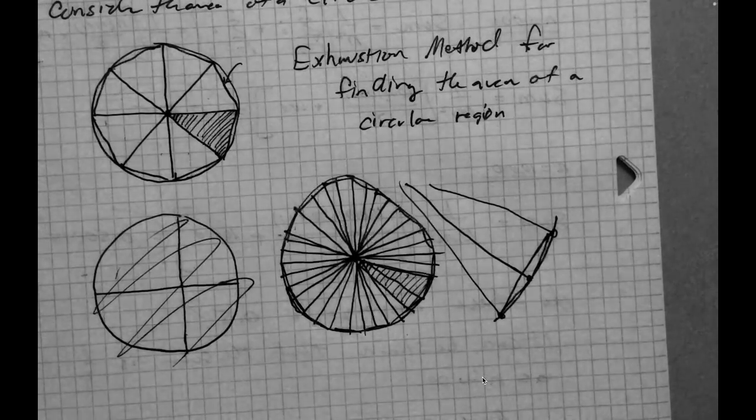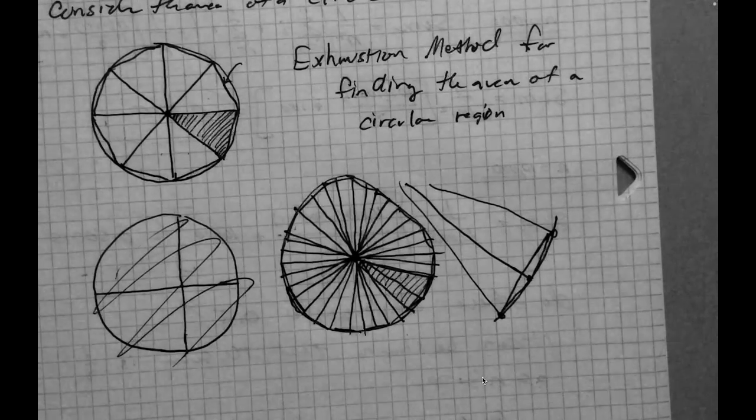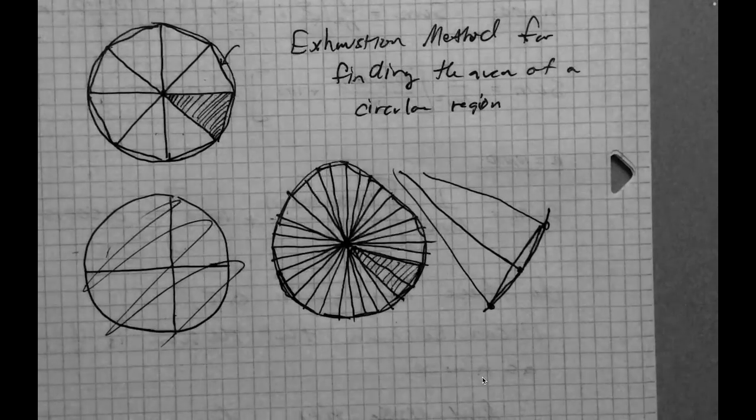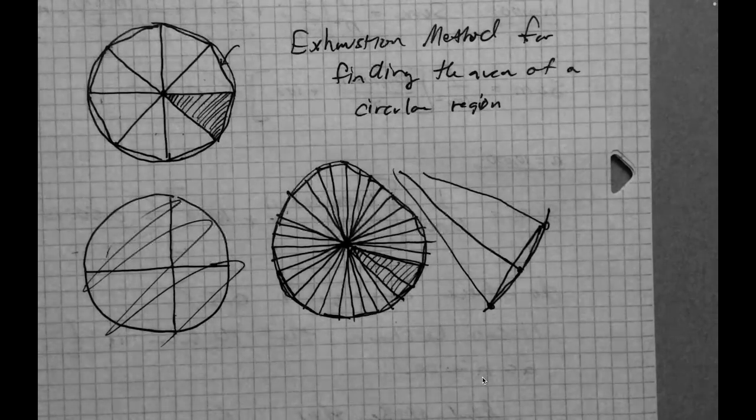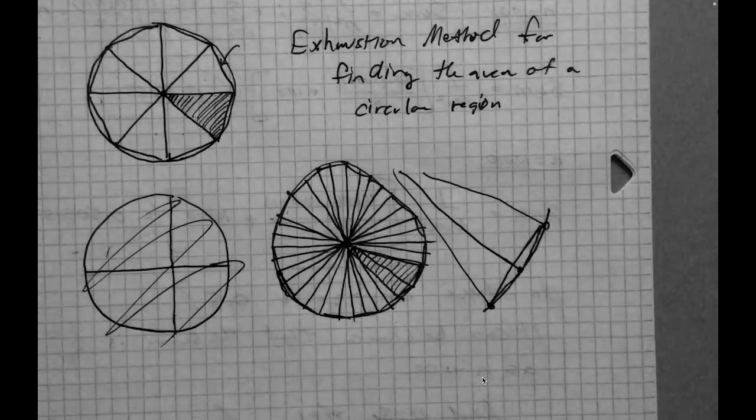Now, theoretically speaking, the number of triangles that would be necessary to precisely equal the area of the circle would be what? To precisely equal the area of the circle, the number of triangles would have to be infinite, right?